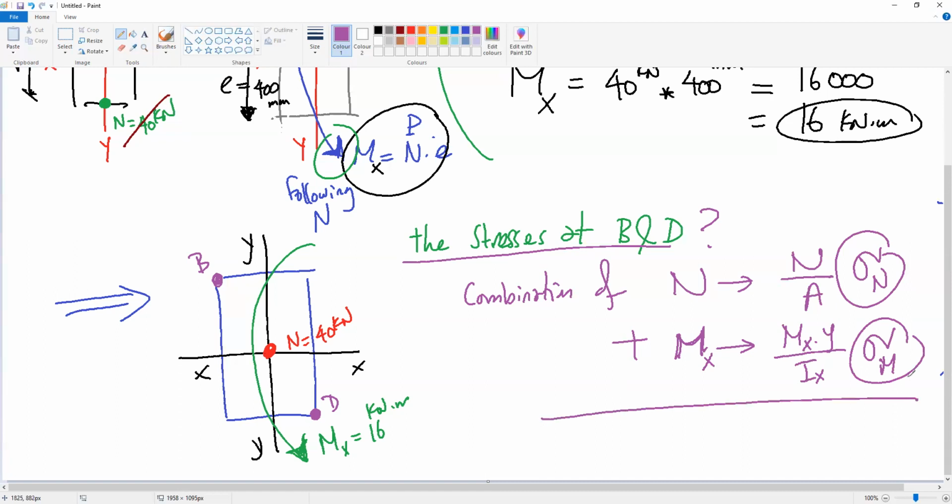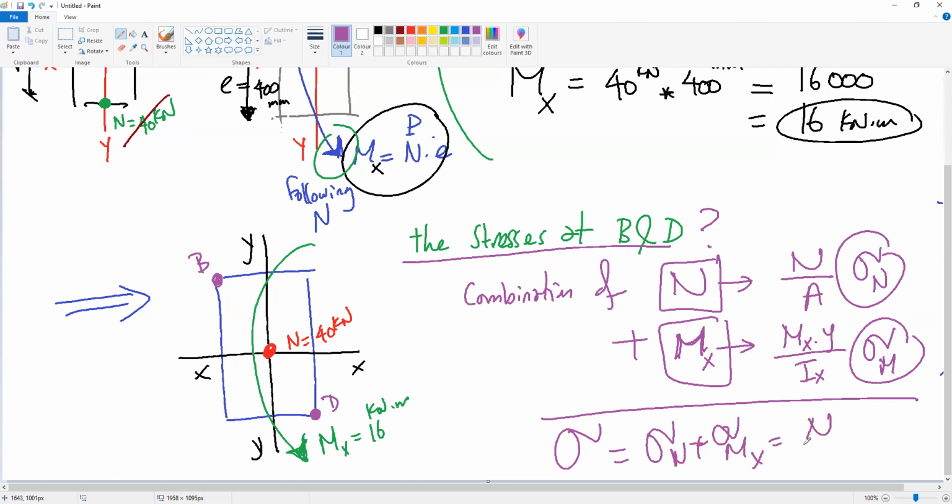The total stress will be sigma n plus sigma mx, equal to N by A plus Mx y divided by Ix.